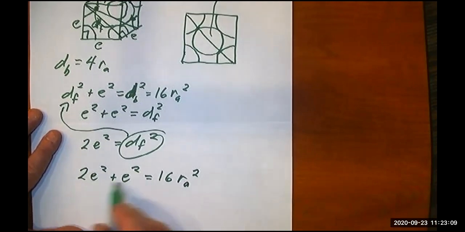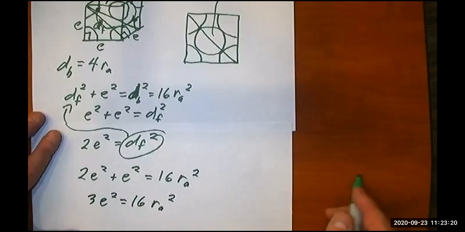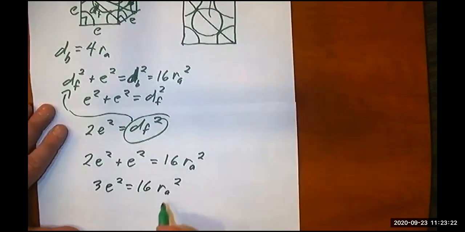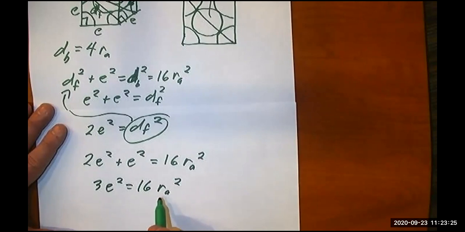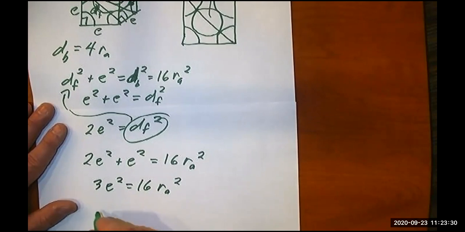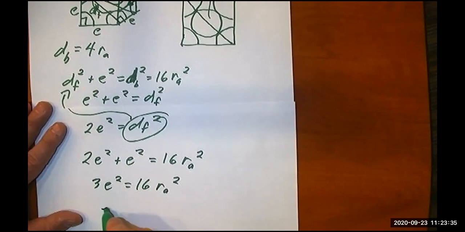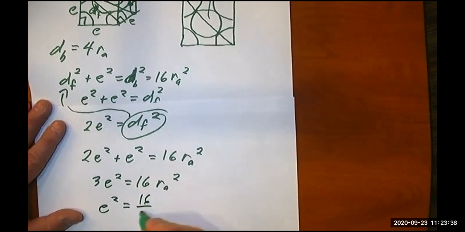We can combine over here. 3e squared equals 16 r_a squared. Which do we want to solve for? Let's solve for e. So e squared equals 16 over 3 r_a squared. And then e equals 4 over the square root of 3, times r_a.